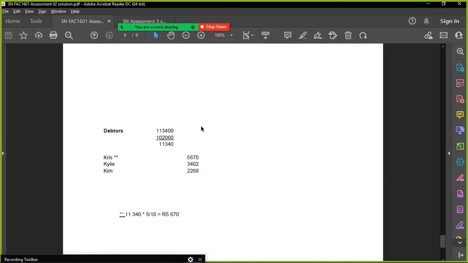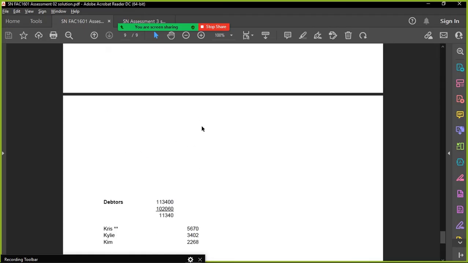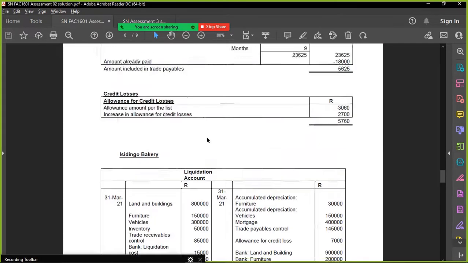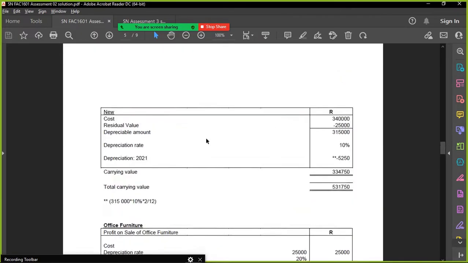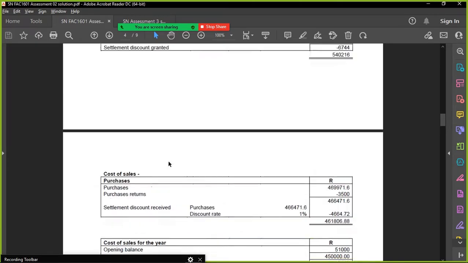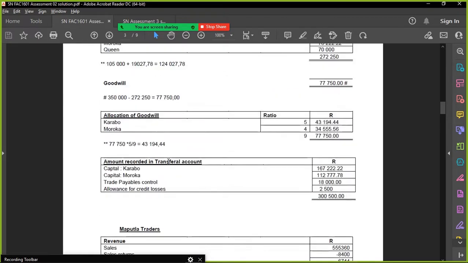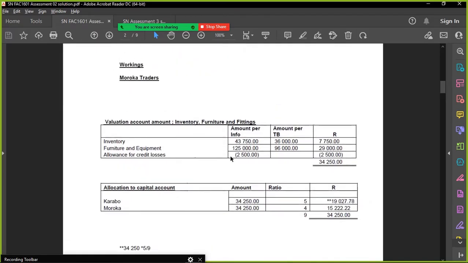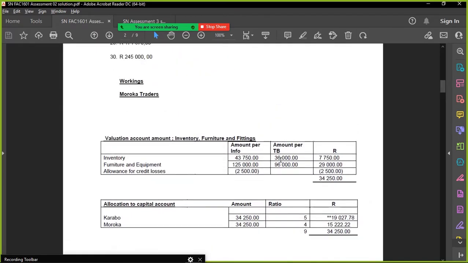I think it might be above it. No, this is the vehicles. Okay, here. Inventory, yeah. All right, that was the total. I don't know why they're taking this out.